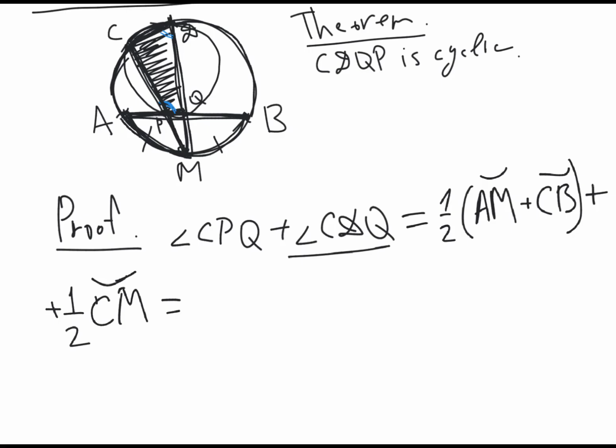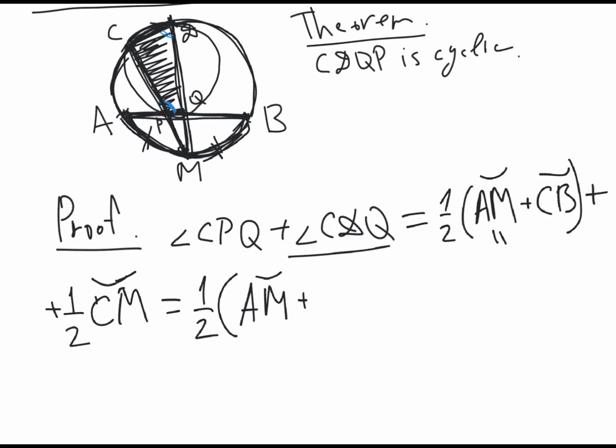So basically here, we can rewrite it as 1/2, and here we write the arc AM plus CB. The arc AM is equal to the arc MB, since M is the midpoint of the arc AB, so AM is equal to MB, right?